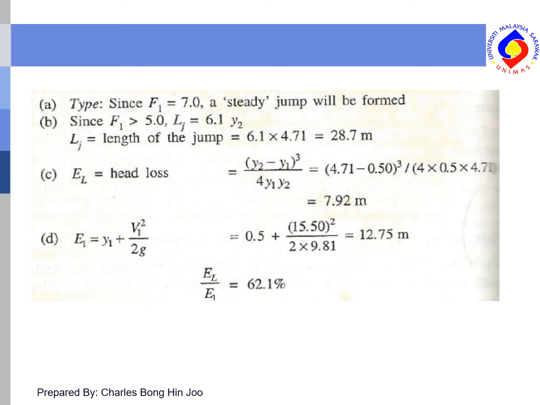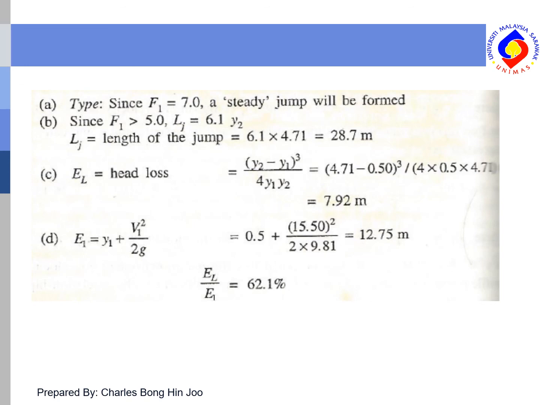Since the Froude number value is 7, hence the type of jump is a steady jump. Then, to find the length of the jump, since your Froude number is more than 5, from the charts given by the US Bureau of Reclamation, it will get you 6.1 multiplied by y2.